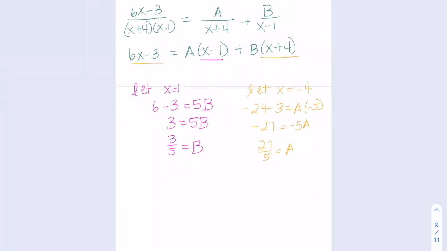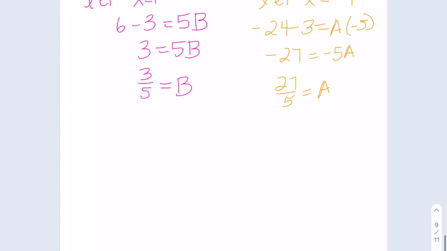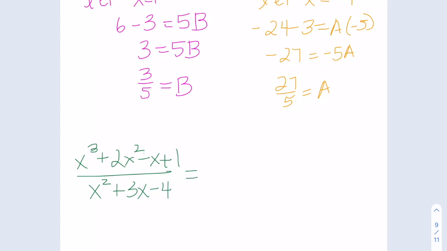Whenever we have the long division, don't forget to include that in your answer. So this whole thing, let me write it out here. This was x cubed plus 2x squared minus x plus 1 over x squared plus 3x minus 4. And when we completed the long division, we had x minus 1 as our quotient.